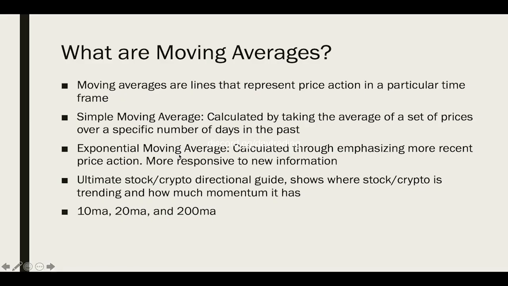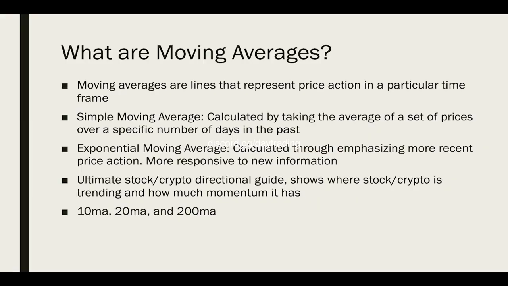A lot of people also ask me about exponential moving averages. That's calculated by emphasizing more recent price action. The equation you use for an exponential moving average puts larger weight onto the most recent price action, and it's much more responsive to new information that's coming out with that stock or crypto.